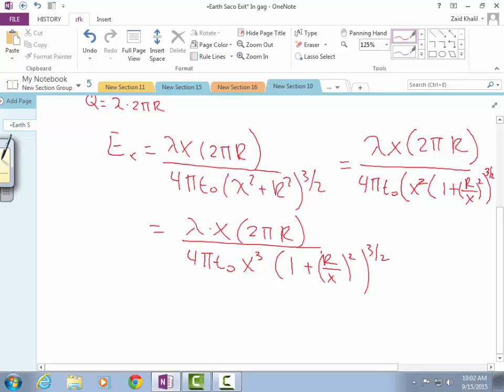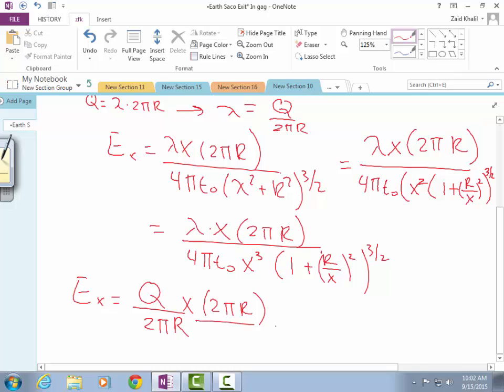Now what's lambda? Which is Q over L. What's L? 2 pi r. So we have that E_x is equal to Q over 2 pi r times x times 2 pi r over 4 pi epsilon 0 x cubed times (1 plus (r over x) squared) to the 3/2.